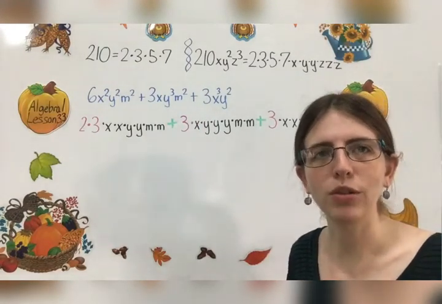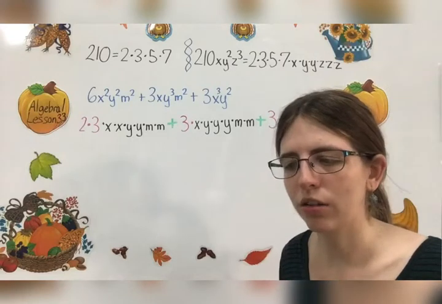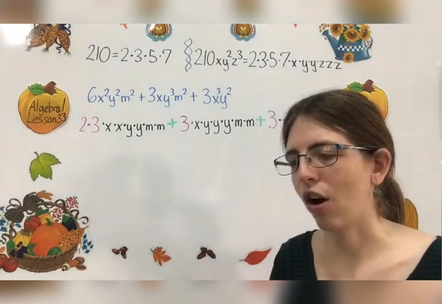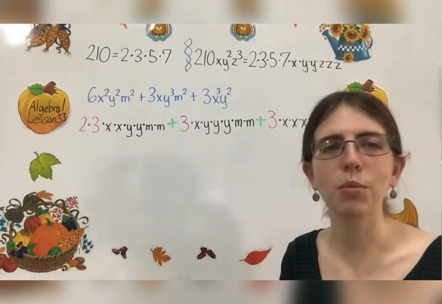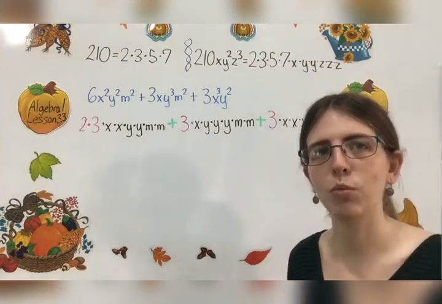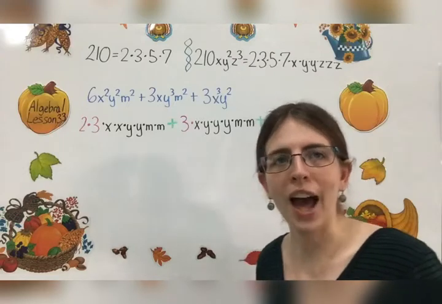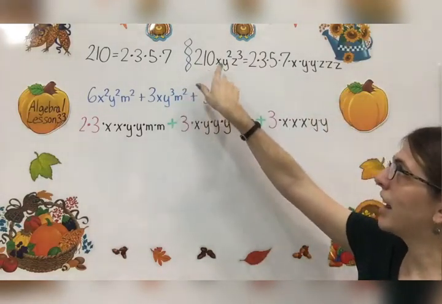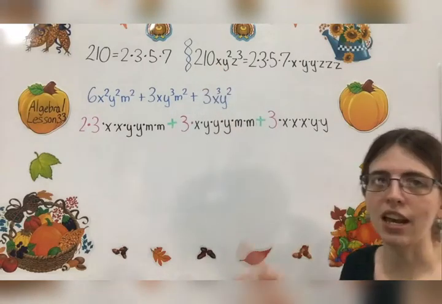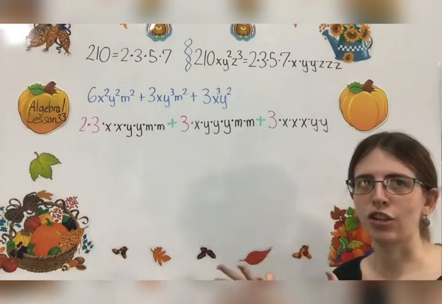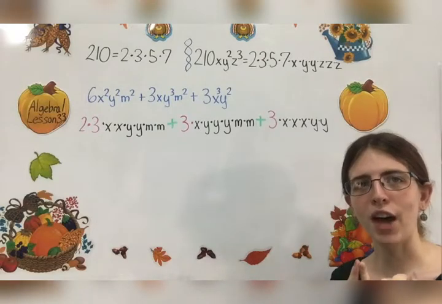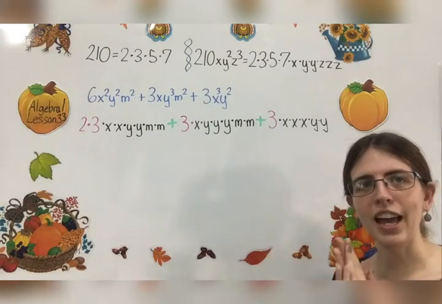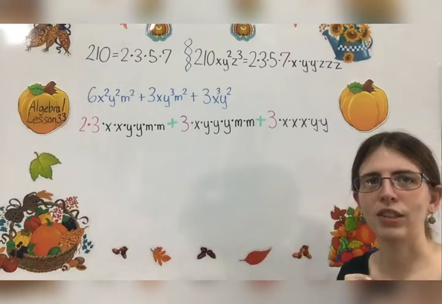Some numbers have numerical factors, and some numbers have factors that are letters. So we use the word algebraic factors when we include letters. So if I want to write out this number that has letters with it, 210 x y squared z cubed, according to its algebraic factors, I'm going to write out its prime factors and then each of the letter variables that I have as factors.